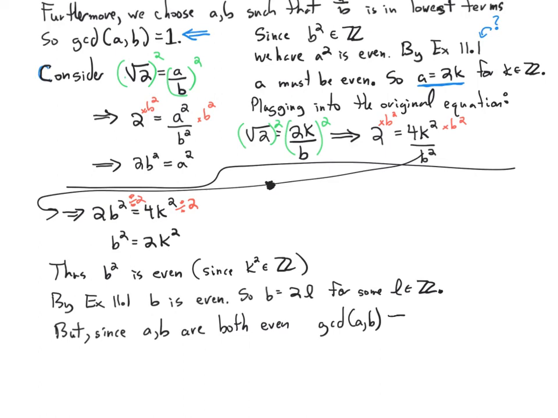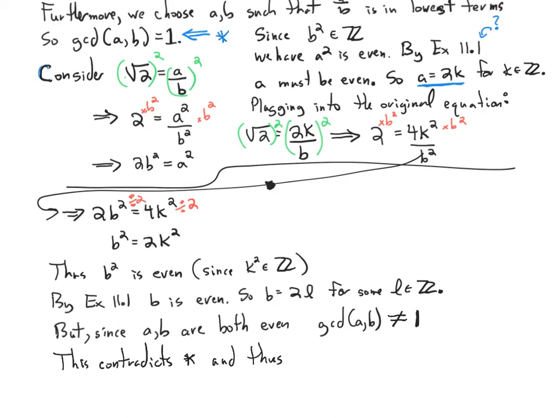So we know that the greatest common divisor of A and B can't be 1. It has to be larger, because we have at least 2 as a common factor. And there is our contradiction. Let's call this star again. This contradicts star that the GCD of A and B actually equals 1, and thus, well, we run into our contradiction.